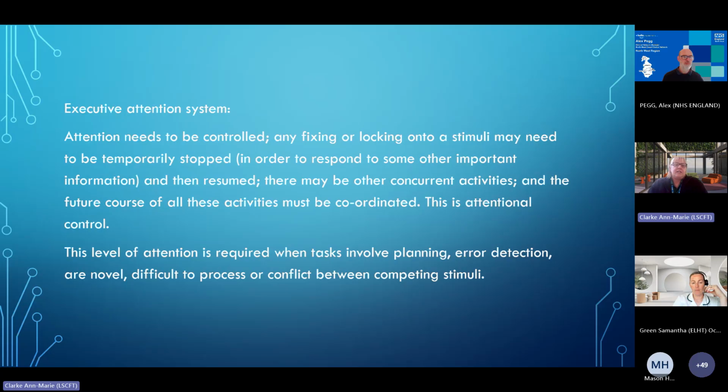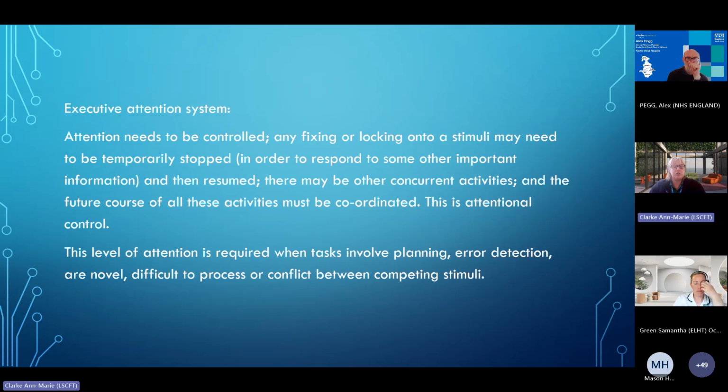In the executive attention system, this needs to be controlled. Any fixing or locking onto a stimulus may need to be temporarily stopped in order to respond to something else coming from outside, and then resumed. There may be concurrent activities, and the aim of all this is that everything is coordinated.